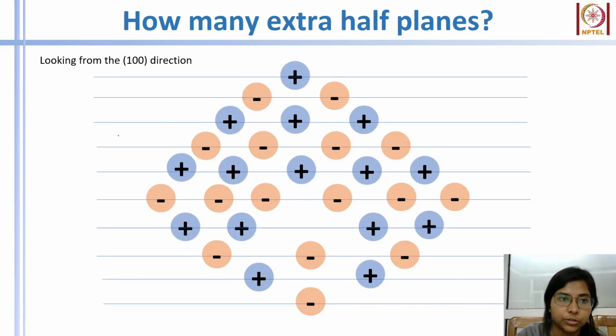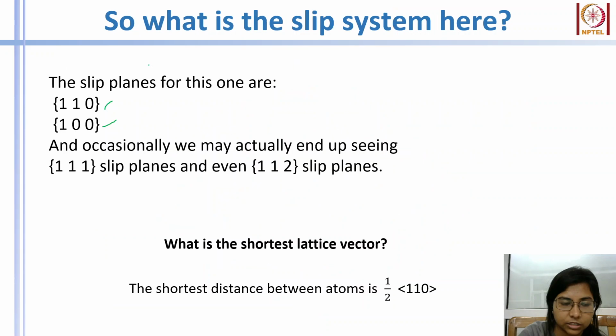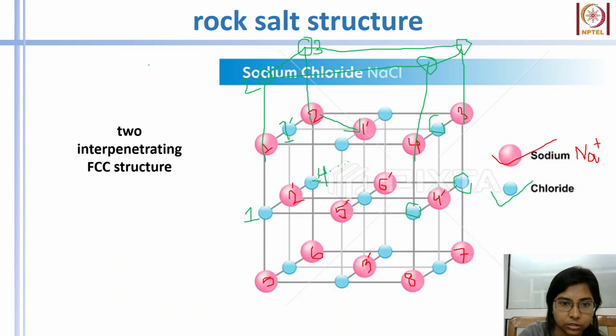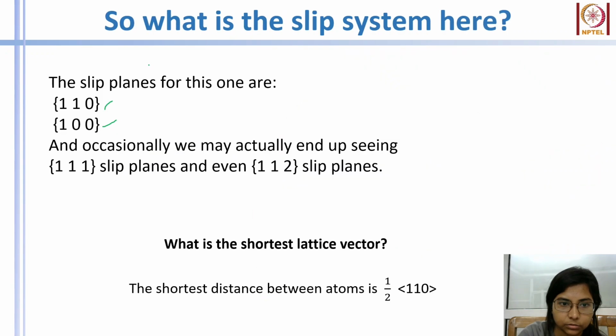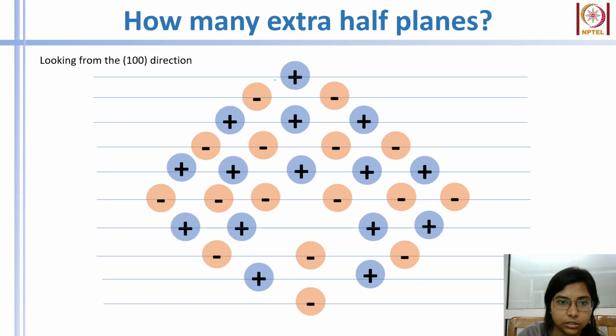If we look from the 100 direction, you understand the 100 direction means we are looking from the top. So this is like I have drawn; these lines are nothing but the guides or guidelines which help me to draw, so don't think of them as planes.